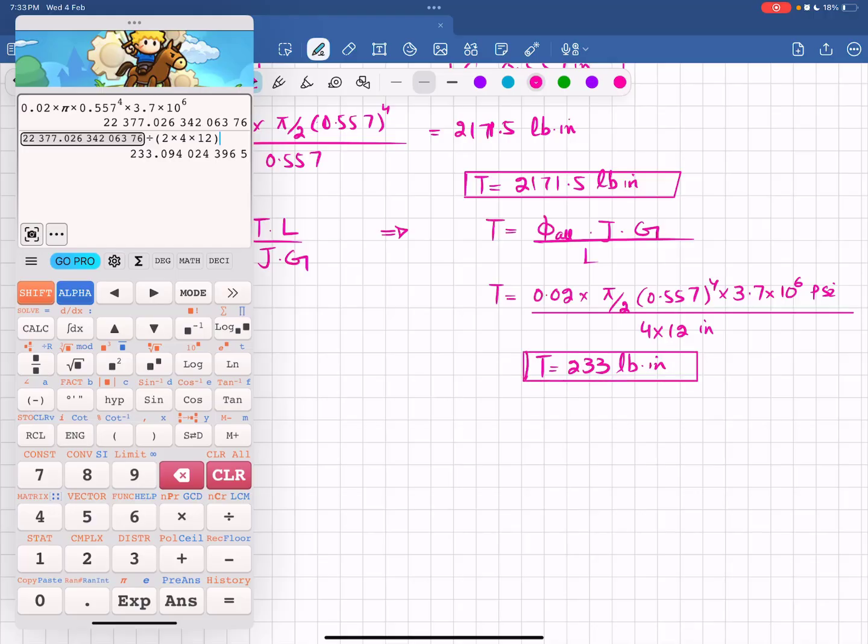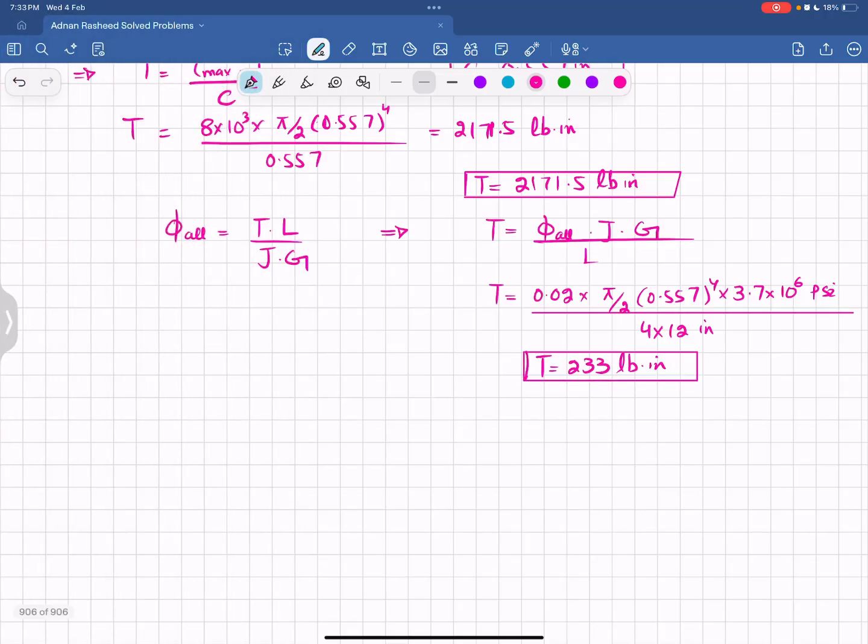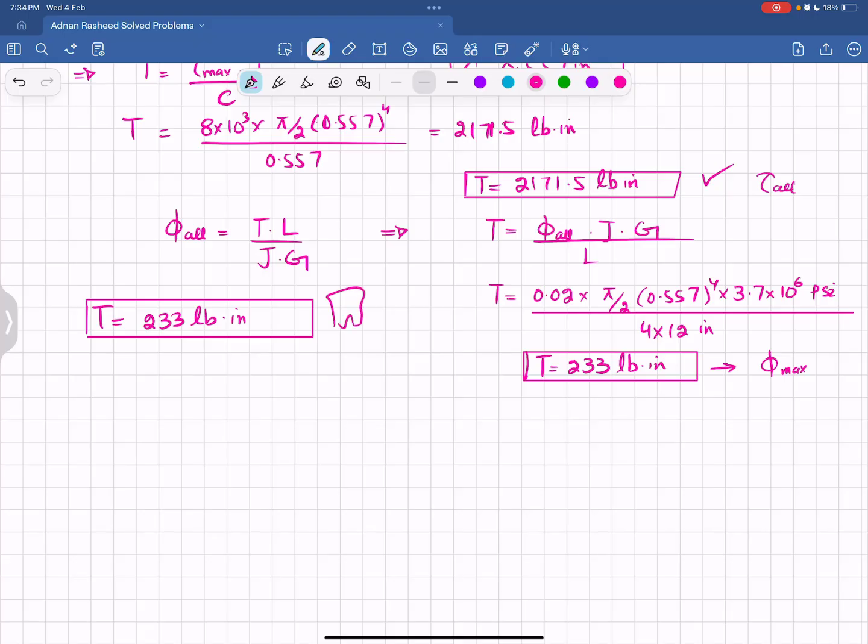Okay, now we have two torques for circular shaft, this one is based on allowable shear stress and this one is based on maximum or allowable angle of twist. So by comparison our answer will be torque is equal to 233 pounds into inch due to limitation in angle of twist, and that will be the answer.